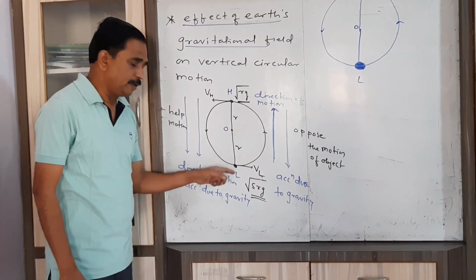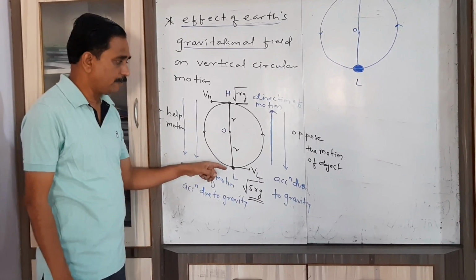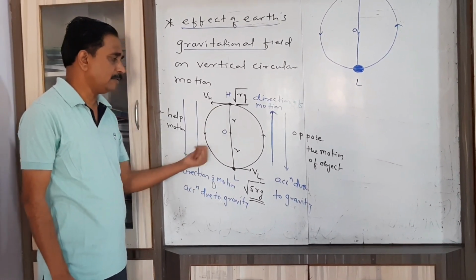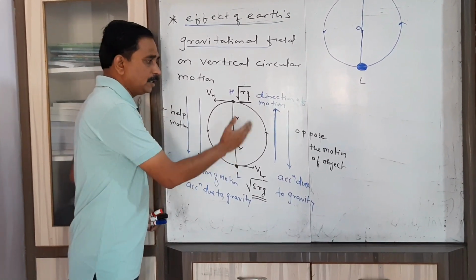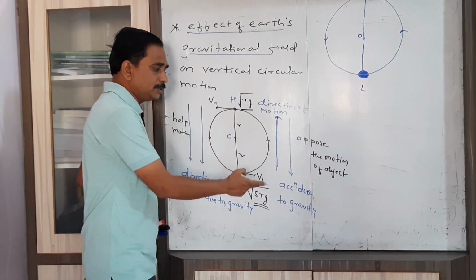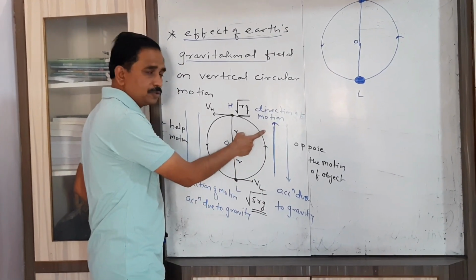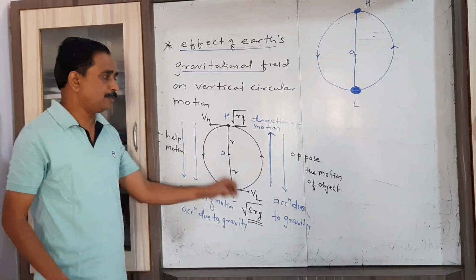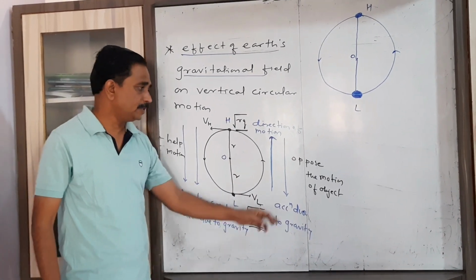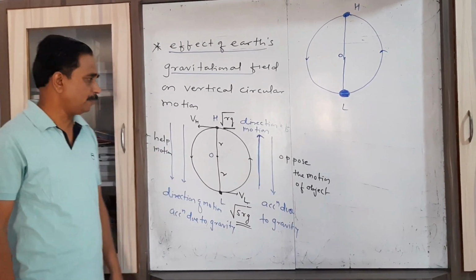It means during the motion of that object in a vertical plane, in half part the velocity decreases because the direction of motion and direction of acceleration due to gravity are opposite to each other, because of which g opposes the motion of the object.